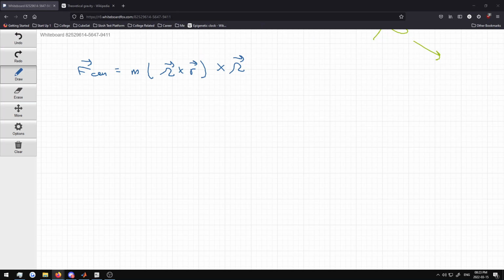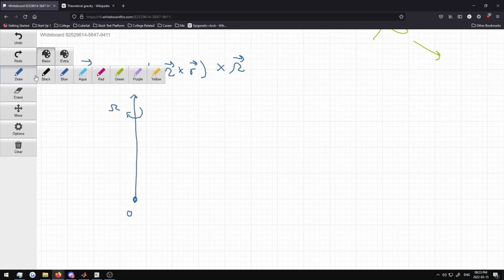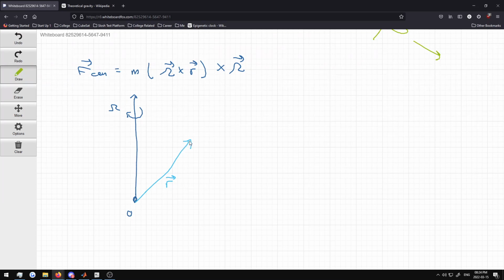So I would highly recommend going into a classical mechanics book if you're actually curious on how this works. But the way I like to think about it is, you have your origin, you have your axis of rotation here, and then your position vector goes somewhere like this, right? This is your r vector, and this will trace out a circle in this frame.